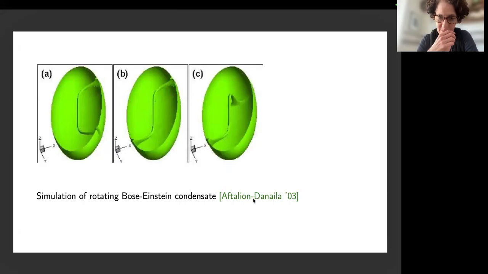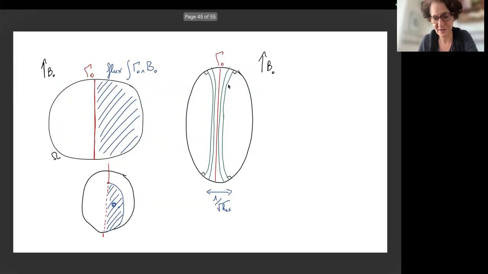And it actually matches quite nicely some things you see in simulations of rotating Bose-Einstein condensates. So you see these vortex lines. In particular, what you can see is that the curves go to the boundary perpendicularly, because at leading order near the boundary, the effect that matters is that they want to minimize length.